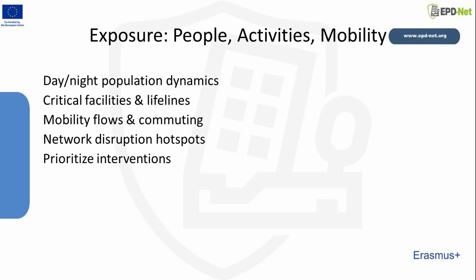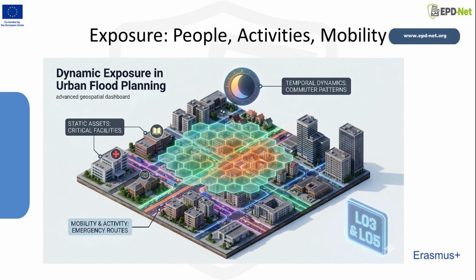In practice, exposure layers can include population proxies, schools and hospitals, public transport nodes, emergency routes, and economic activity indicators. One defensible approach, used in the CS001 case study, is to aggregate exposure information to a regular grid so that multiple data sources can be combined consistently.